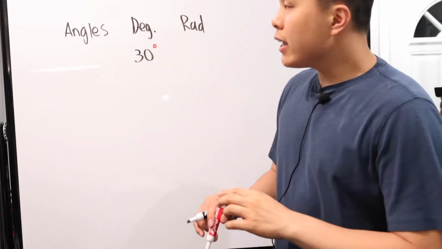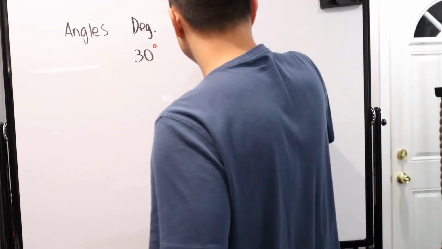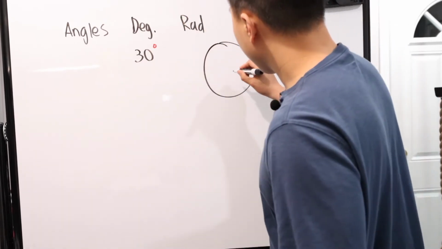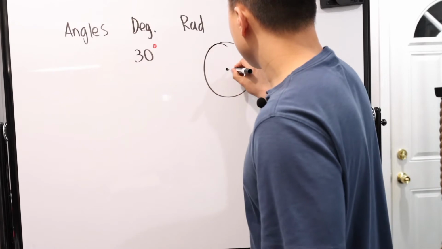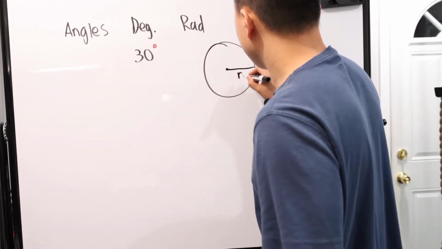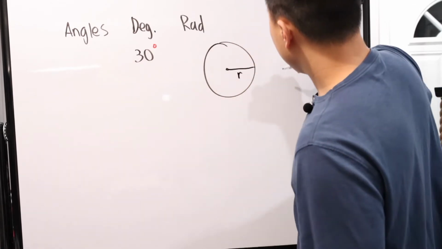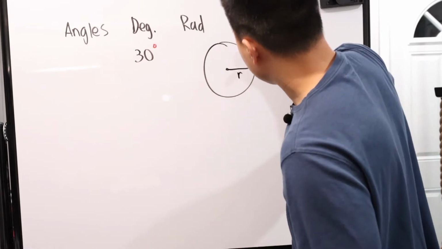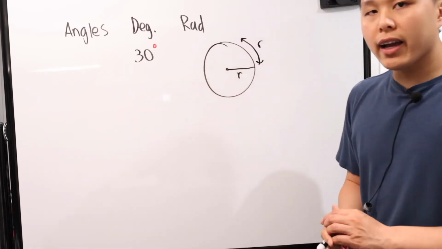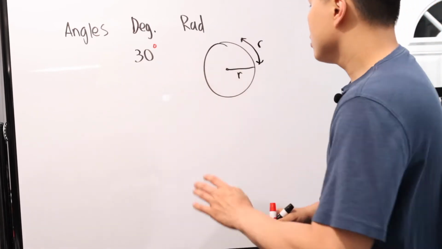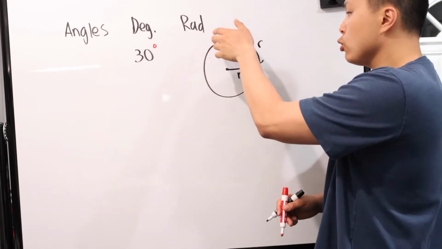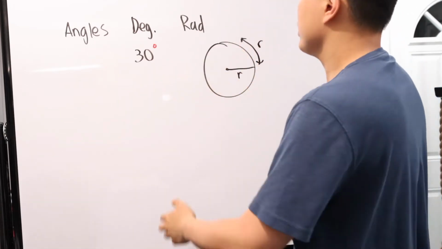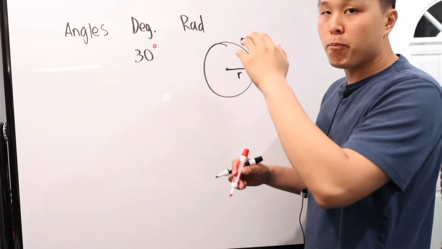Understand that radian is basically a reference angle. So what do I mean by that? Well, here is our circle, here is our center, here is a radius. A radian is basically the arc length such that whatever your radius is, the length of the arc is the same length. So this is 1 radian, and then you move on, it's 2 radians and 3 radians, and so on and so forth. So that's a different way of measuring angle.